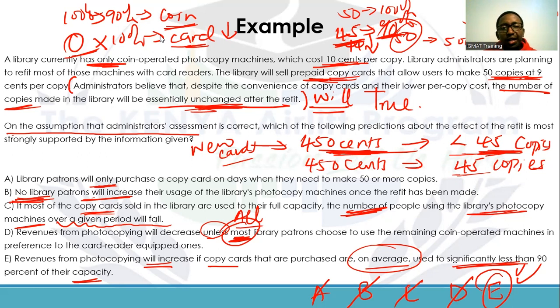Whenever you have percentages or values in verbal reasoning, do not think that quant or mathematical knowledge is completely separated from verbal reasoning, because as you notice, this is just basic knowledge of math. So be open to that, and sometimes you'll have to do those simple calculations.